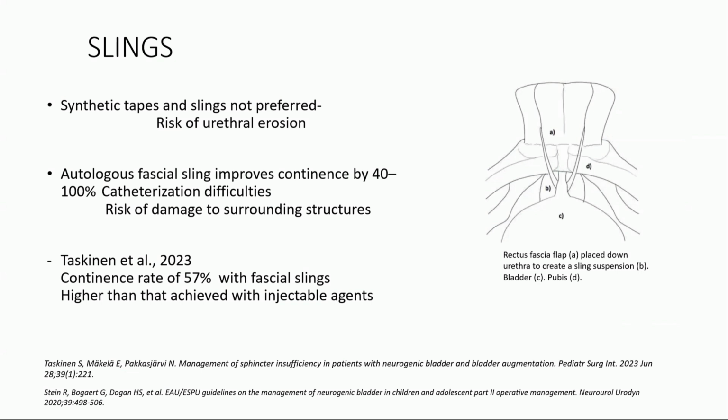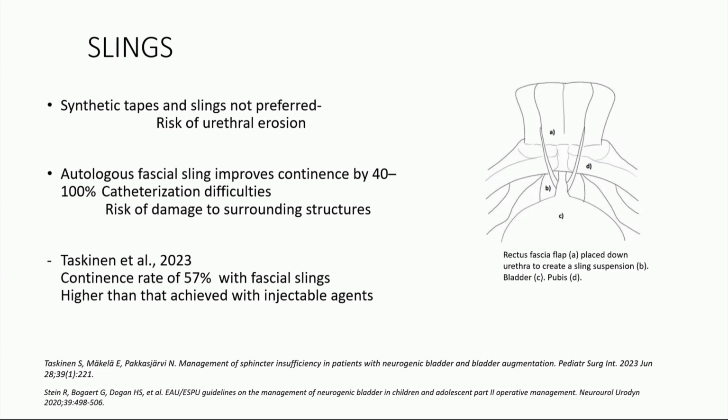Coming to the slings, the evidence from the NICE guidelines and European Association of Urology has shown that autologous fascial slings increase the bladder outlet resistance and improve the continence rates by 40 to 100%, but they may be associated with catheterization difficulties and risk of damage to the surrounding structures.